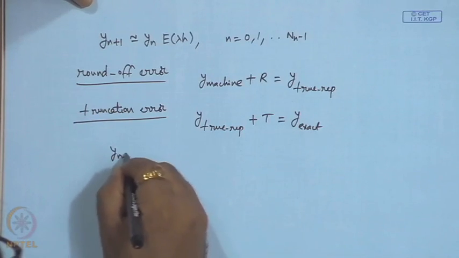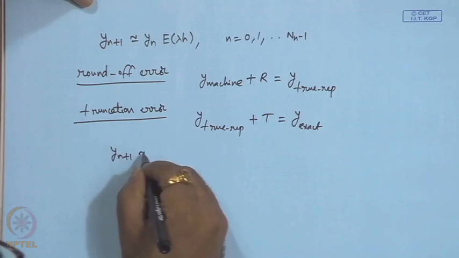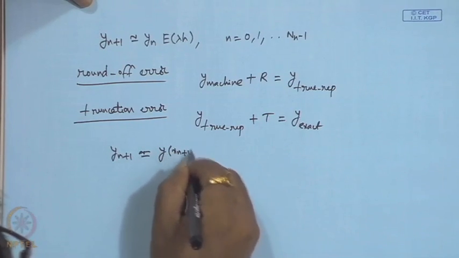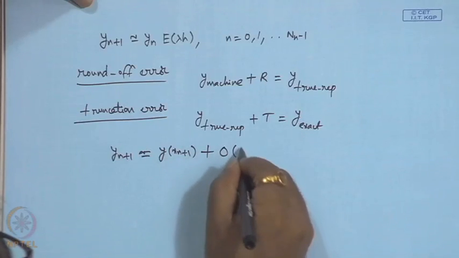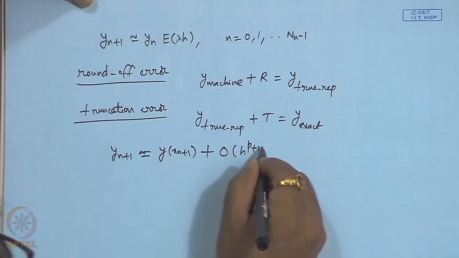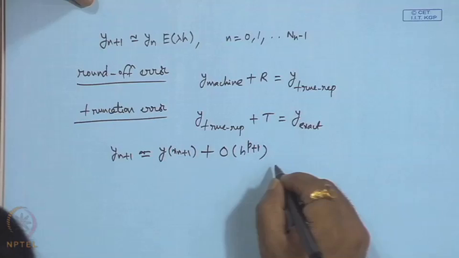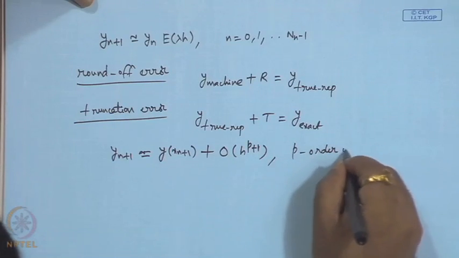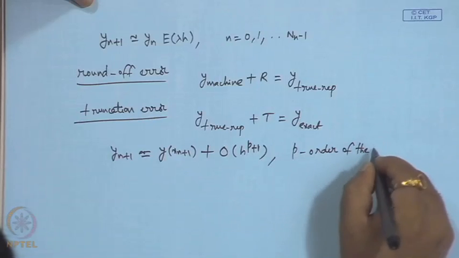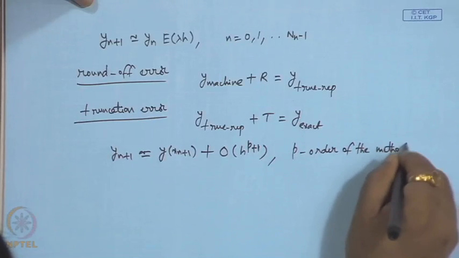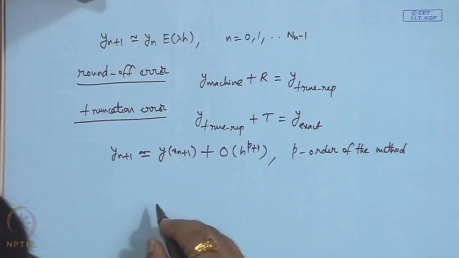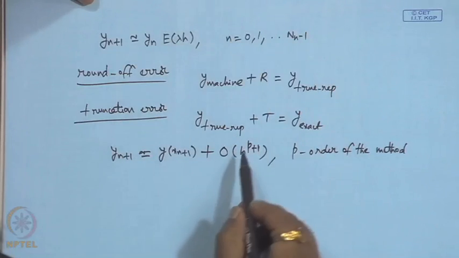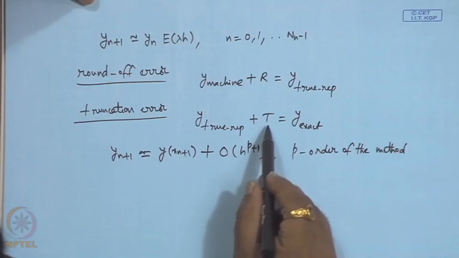So, y n plus 1 is y of x n plus 1 plus t, where t is of the order h to the power p plus 1, where p is the order of the method. Okay. Because this approximation is up to something, and that is the truncation error.